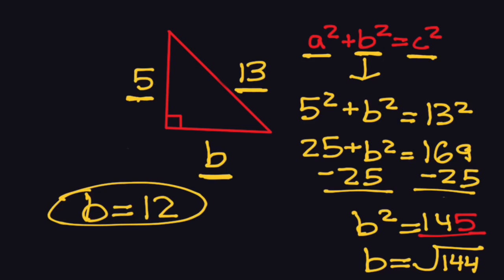I would have to square root 145. However, 145 does not square root evenly. So in this case, when you don't get an even square root, you can either do the decimal, though I wouldn't recommend that. Most likely, your teacher will want you to put b is equal to the square root of 145. So in that case, your answer will just be a square root.